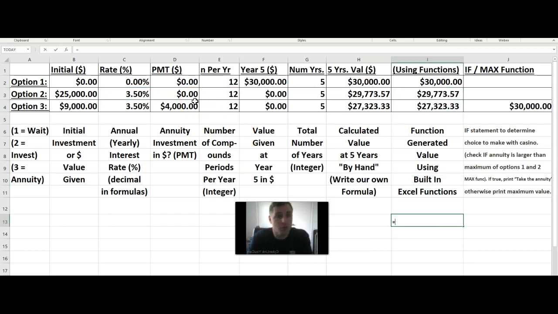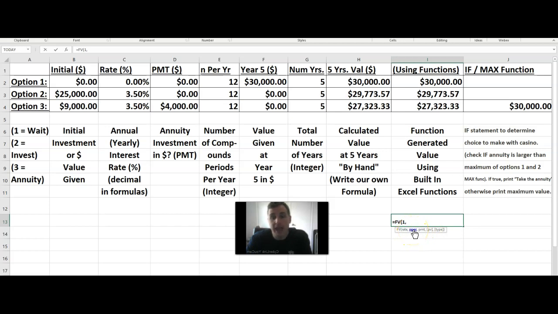If I do equals FV, notice that Excel here gives you various things to insert, okay? Notice that the first thing to insert here is the rate. So the rate is the percentage rate. So I'm just going to put in some fake numbers here just so that we can highlight the next one.